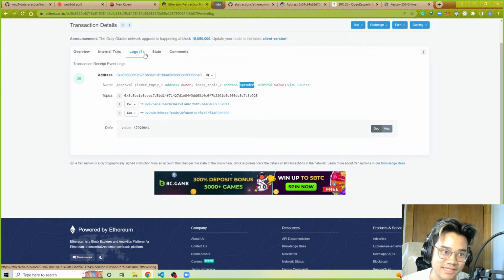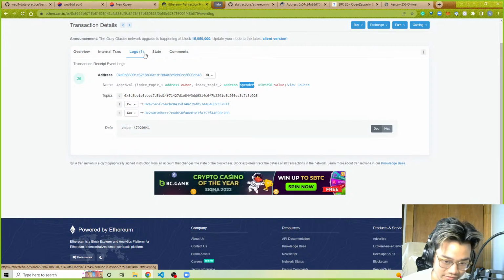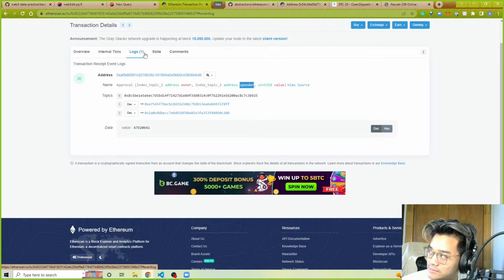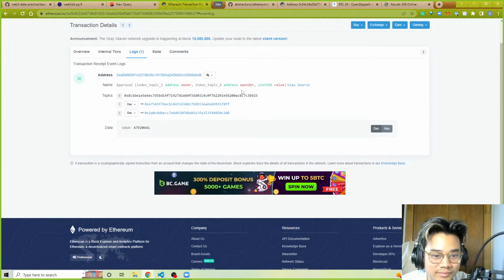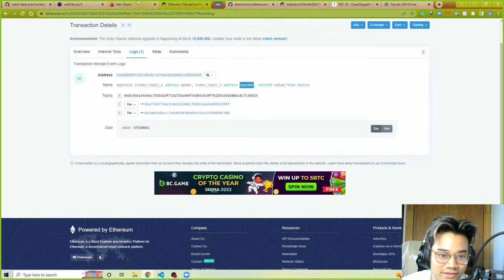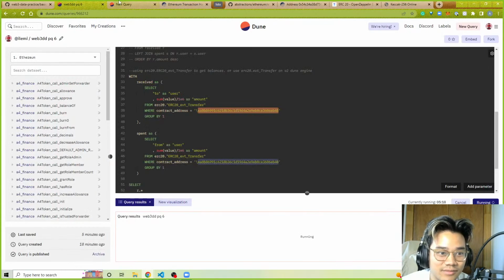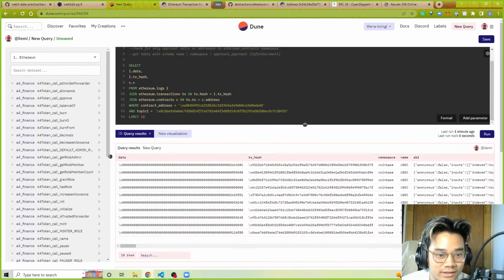And message.sender means it has to be the signer of the transaction passing it along. Yeah, I guess you could do a multi-call, but anyways. So we actually don't want to join by the transaction. We want to just check the address of spender here. And that is topic 2 here, which should be topic 3 in our case.